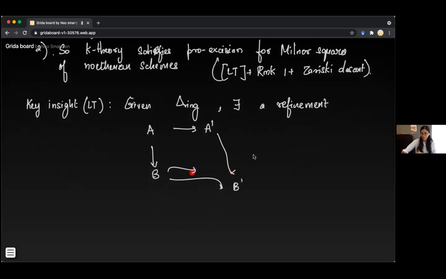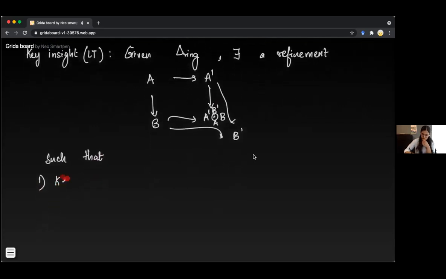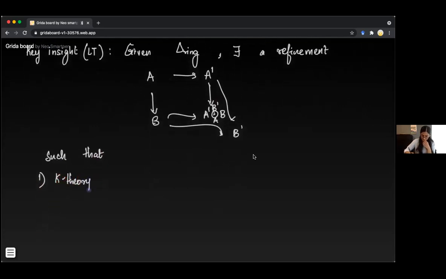And you can always form this A prime, B prime, such that K-theory sends it to a Cartesian square.